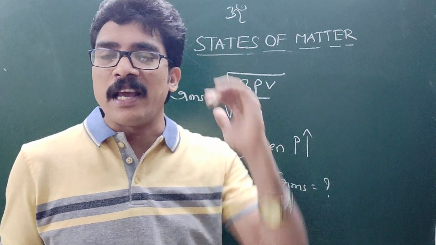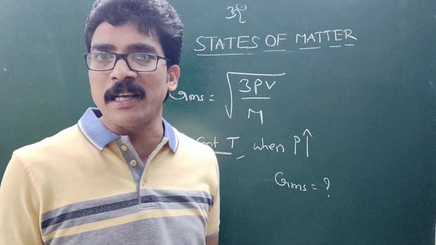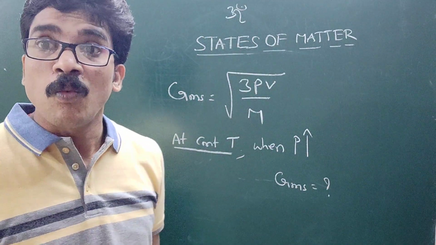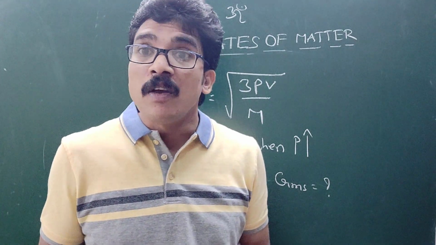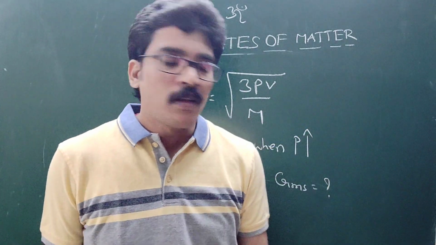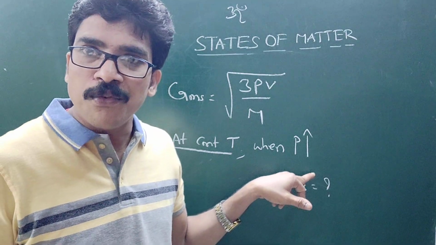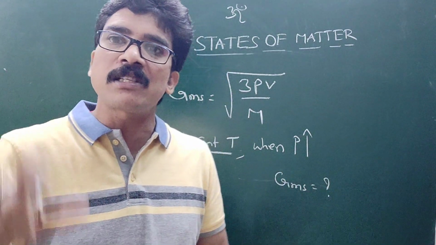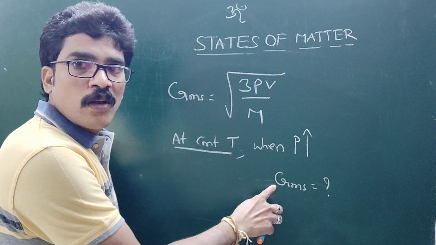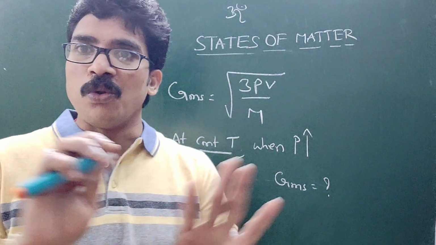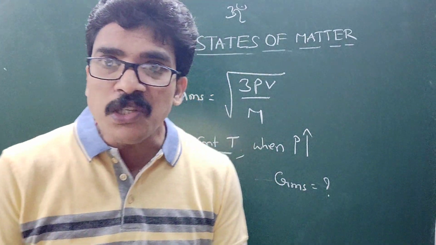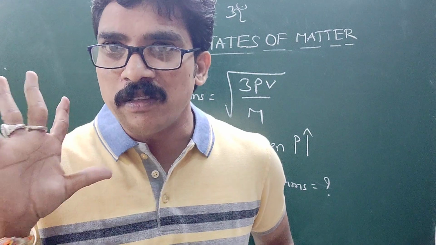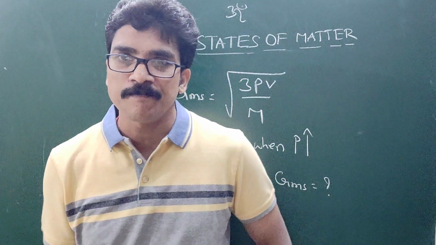So, for an ideal gas, at a constant temperature, when pressure is doubled, volume is reduced to half, then this is 2P, V by 2 cancels, and PV remains constant. Therefore, the RMS velocity value has no change, even if pressure is changed at constant temperature. This is very, very important information.